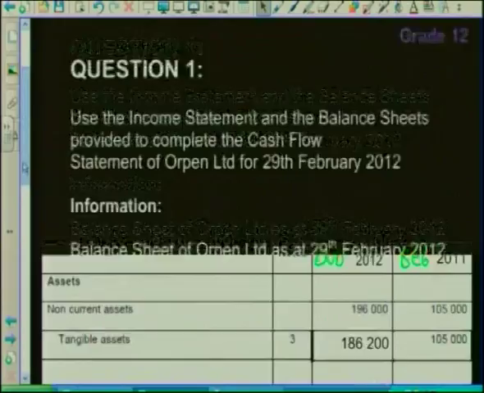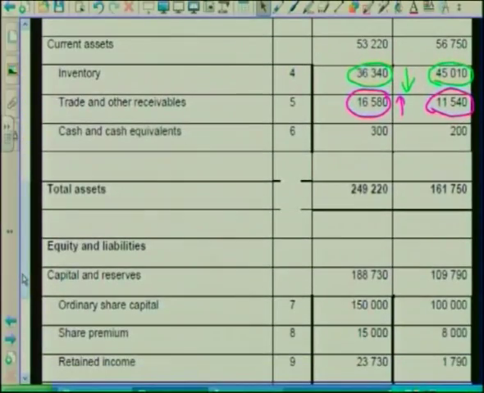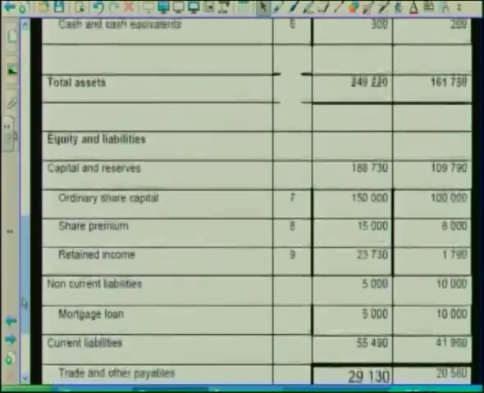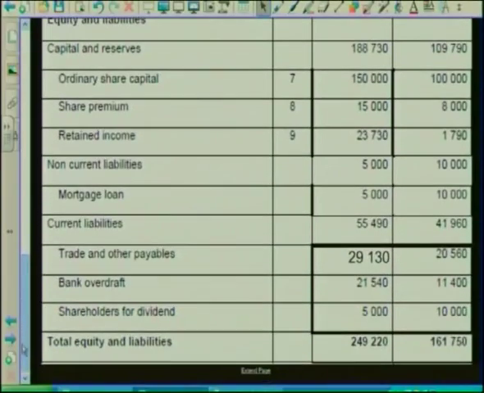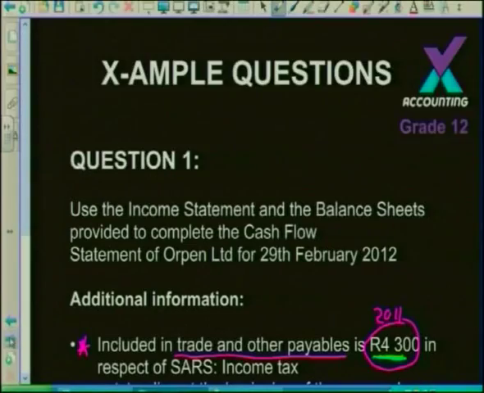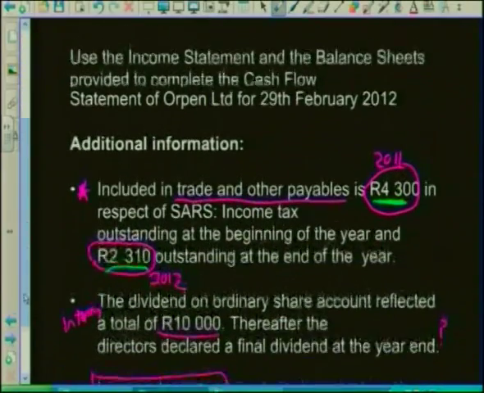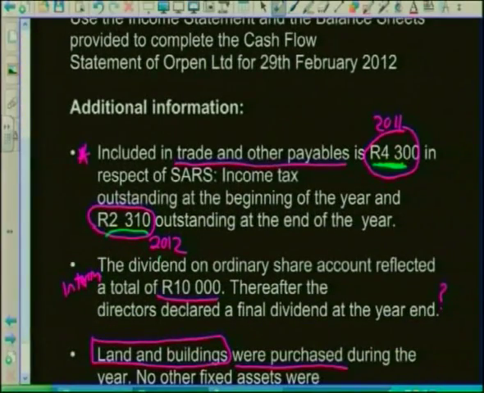There we go. Okay, so included in 2011 trade and other payables, so included in this amount, we now need to subtract that amount of 4,300, which was obviously for 2011. And then if we go back to the additional information, for 2012, we now need to exclude 2,310.